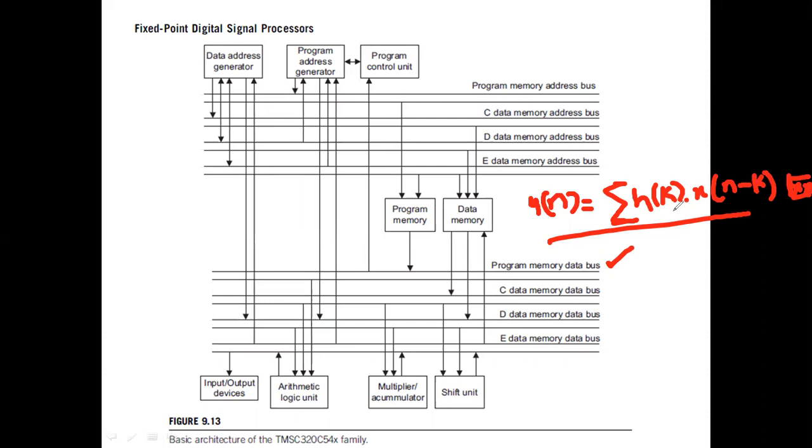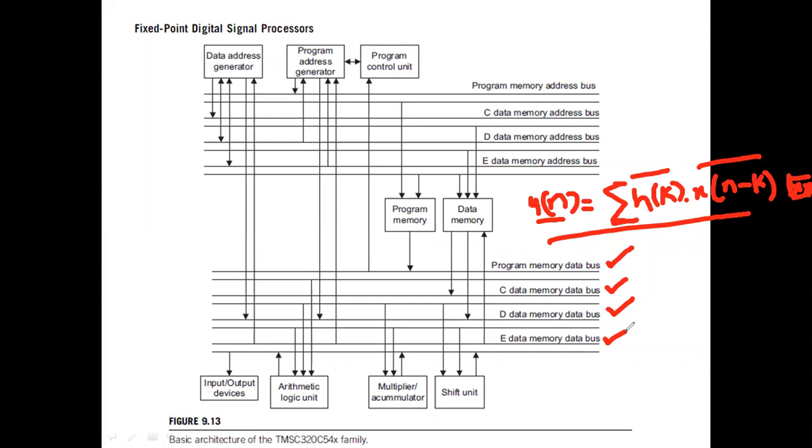What operands do we need here? h of k is one operand, x of k is another operand. Both of these operands will be loaded from C and D, that is the data memory. And then the result, y of n, will be written through another bus.